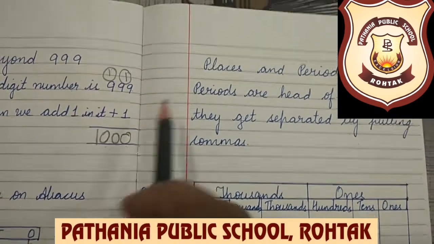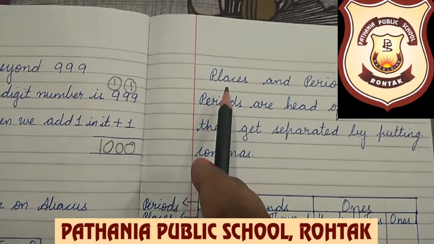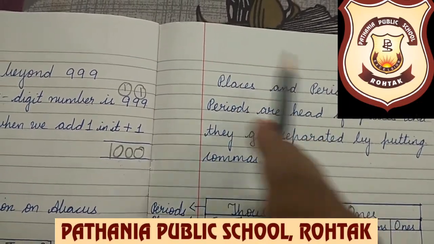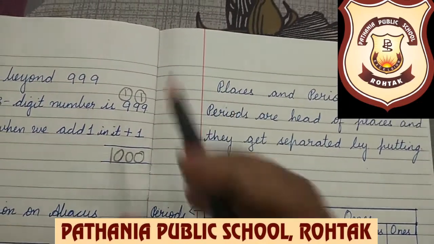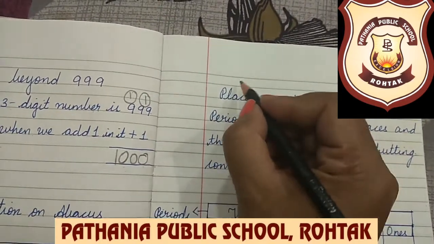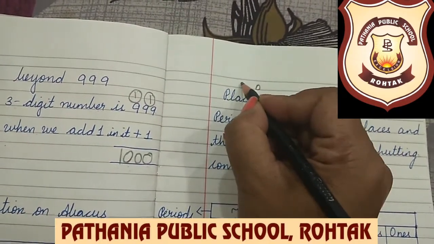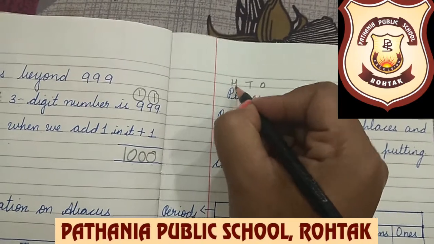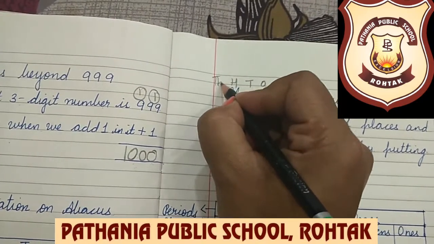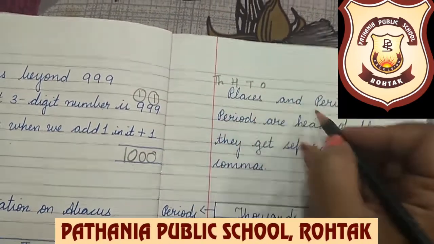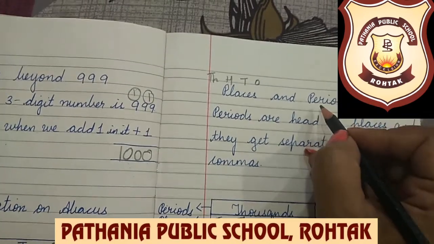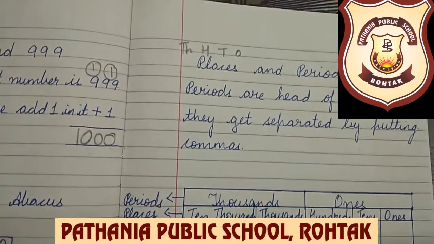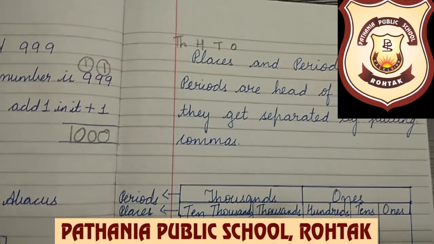Now beta, our next topic today is places and periods. For the places, I know you're familiar. Places are ones, tens, hundreds, thousands. These are places. What about periods? Beta, we also have heads in our family.